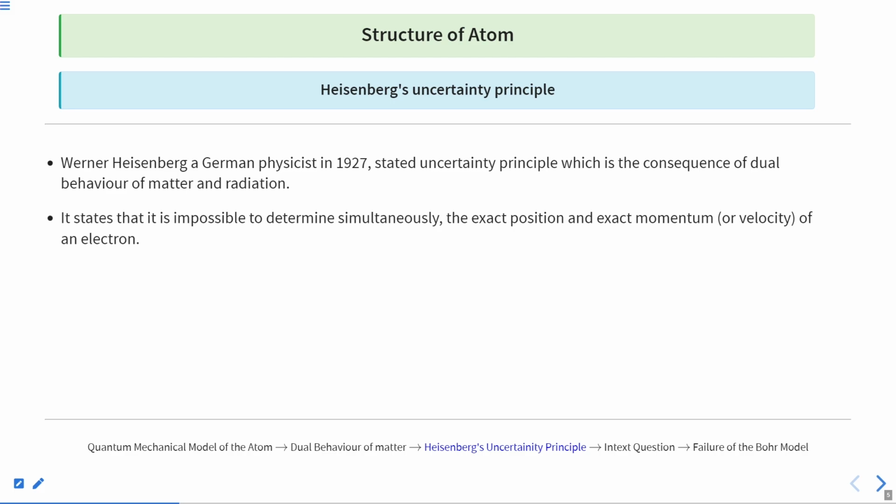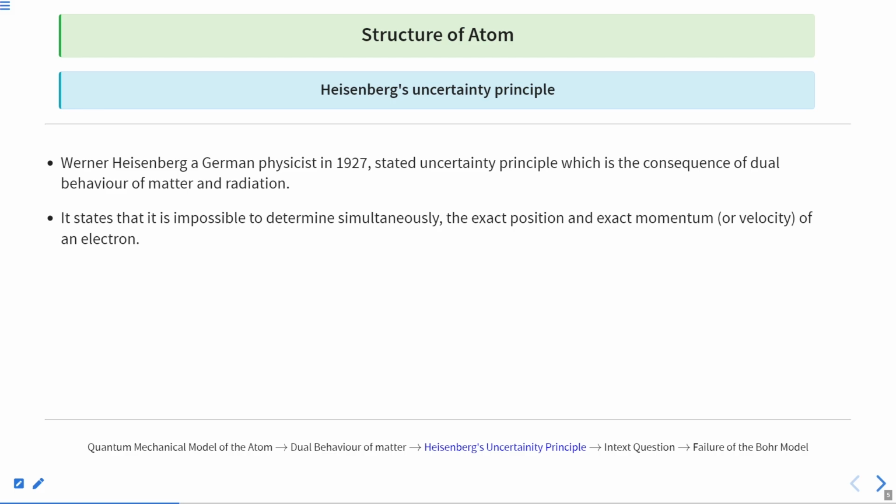One more thing here. We have seen earlier that matter has both wave nature and particle nature. So it is true for every object, whether you talk about a subatomic particle or a macroscopic object like a table and chair. They all have a wavelength associated with their movement.